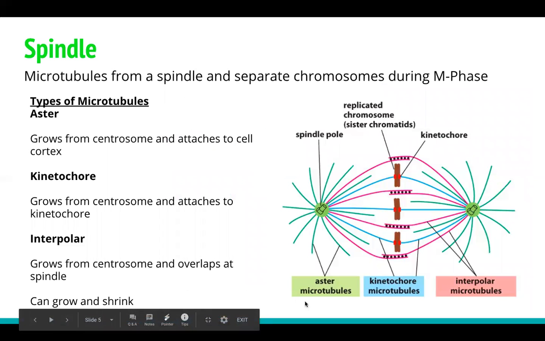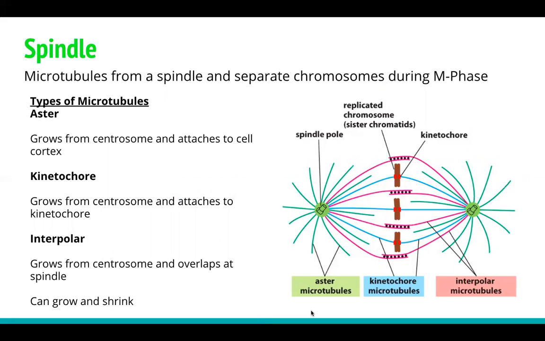Oh yeah, and so this is another thing she'll be going over: the spindle assembly. You're going to see a few different types of microtubules and how they separate chromosomes. I know it says M phase, right? I guess M phase, but during anaphase of M phase. For now, we just need to focus on the kinetochore microtubules the most.